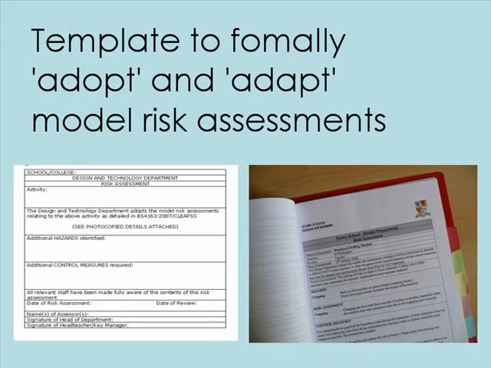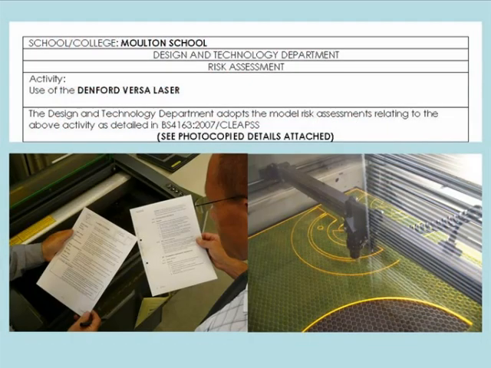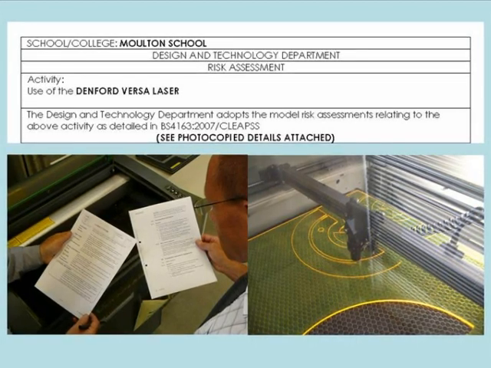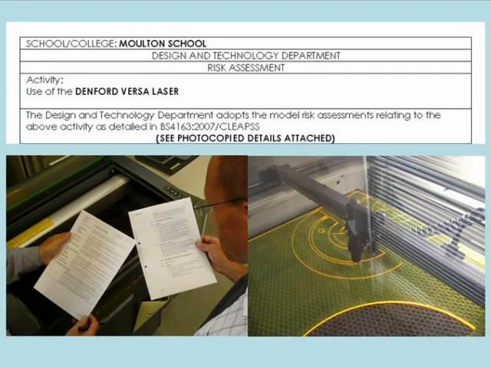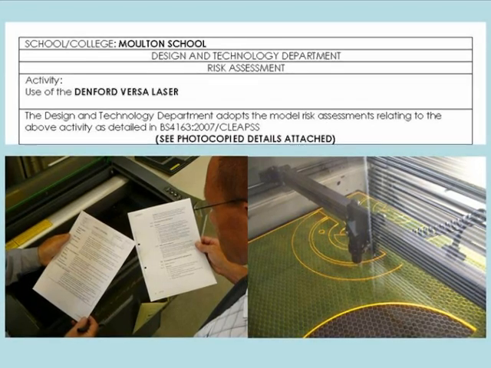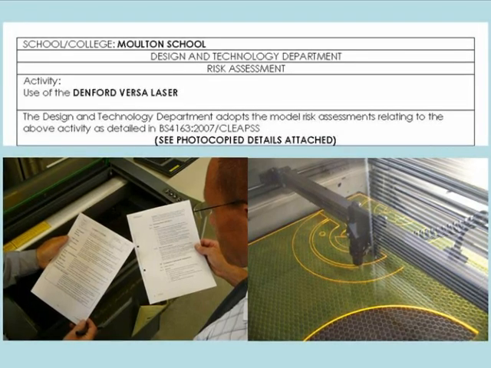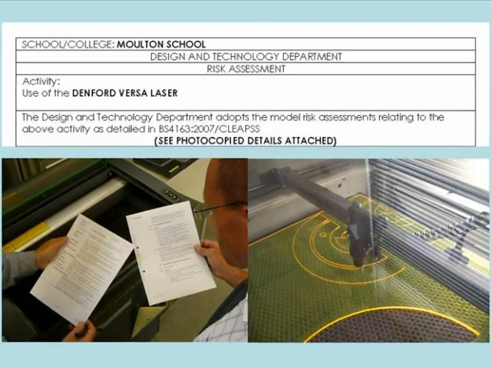This form can be used by departments as a template for adopting and adapting model risk assessments, and is available in the D&T Association publication Risk Assessment in Secondary Schools and Colleges D&T Teaching Environments. Completion of the form for each activity will involve, firstly, a description of the activity, detailing the equipment or substances being used, for example in this case use of the laser, and secondly, a statement adopting the model risk assessment.